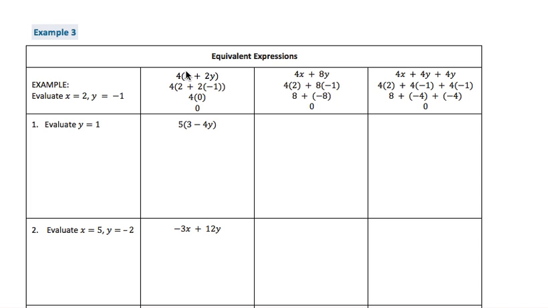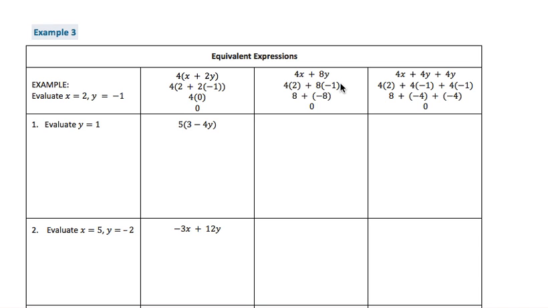So if we multiply 4 times x, we get 4x. And if we multiply 4 times 2y, we would multiply the numbers and keep the variable. 4 times 2 is 8 times y. And again, we would substitute x being 2, y being -1, and then solve and find that that value is also 0. If they are equivalent expressions, when you solve or evaluate these, they have to have the same answer.